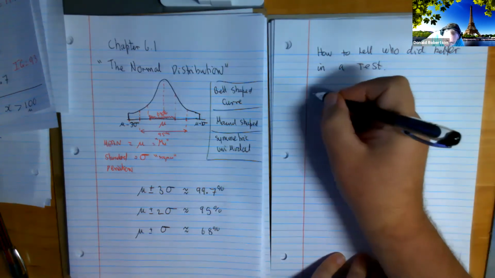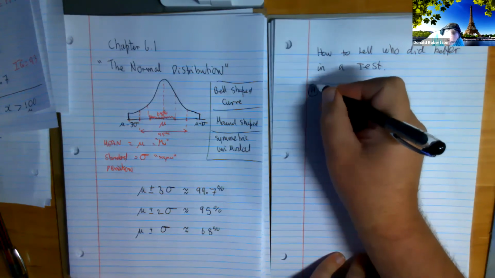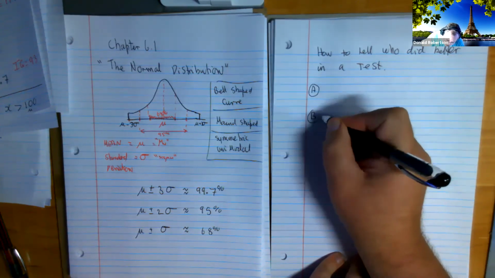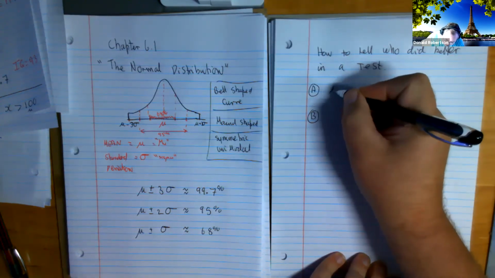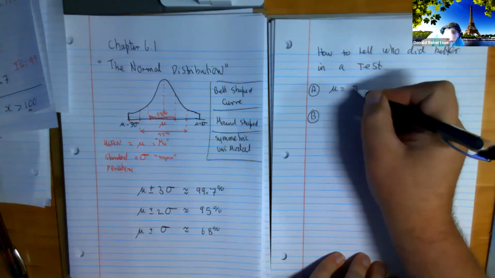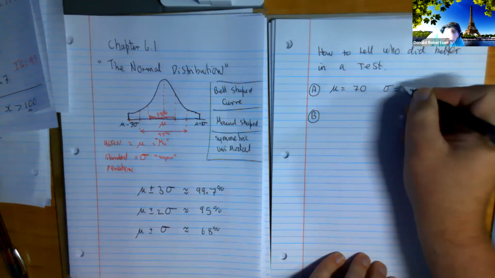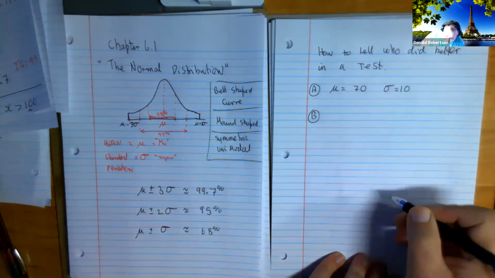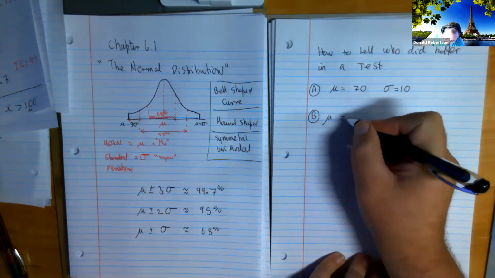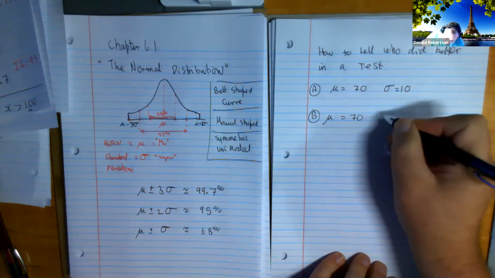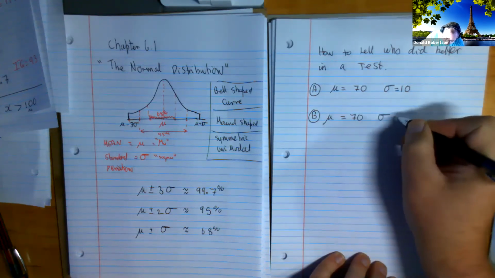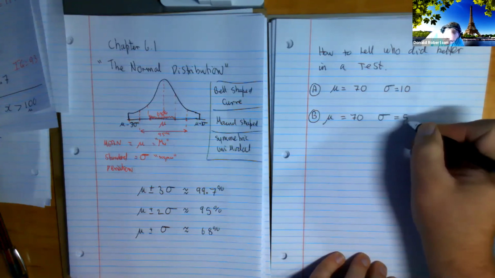Now, let's have two classes. I'll call them Class A and Class B. In Class A, the mean was 70, and the standard deviation was 10. And in Class B, the mean was 70, and the standard deviation was 5.